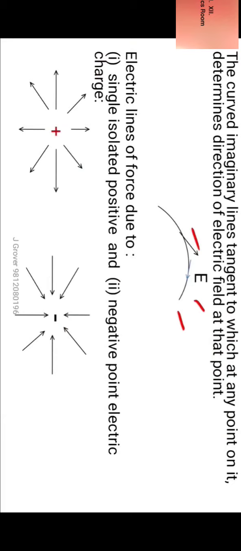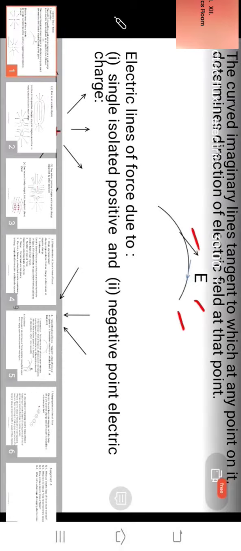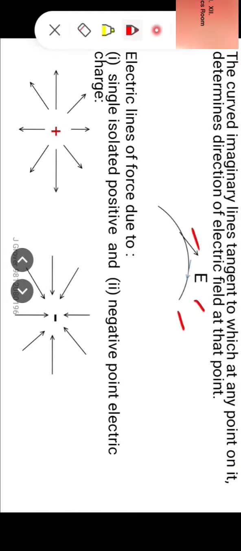Now we see electric lines of force due to a single isolated positive charge and negative point electric charge. So first, electric lines of force due to single isolated positive charge. These are electric lines of force due to single isolated positive charge, and these are electric lines of force due to single isolated negative charge.